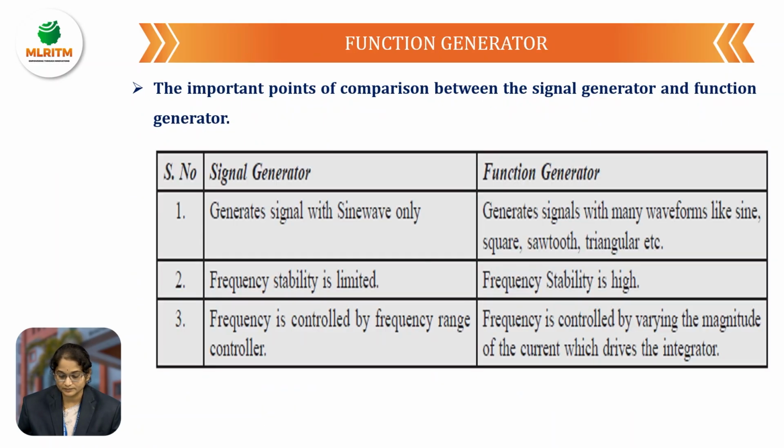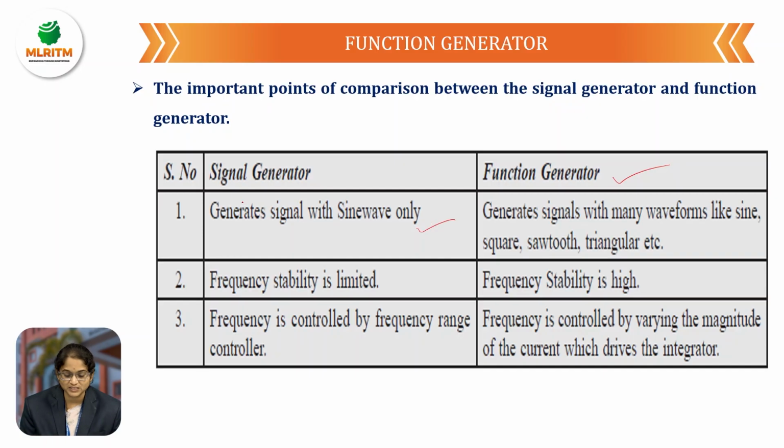And this is the difference between the signal generator and the function generator, which is very important. The signal generator generates the pure sine wave only.